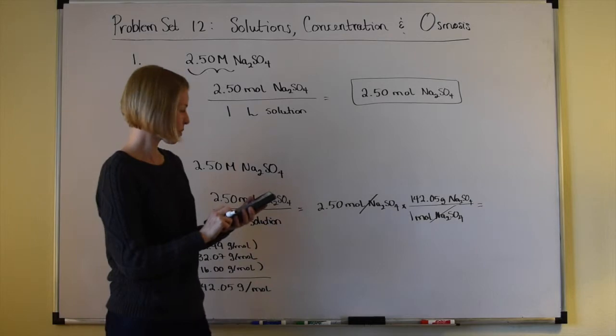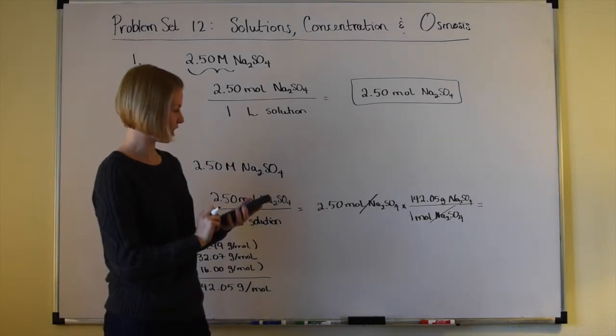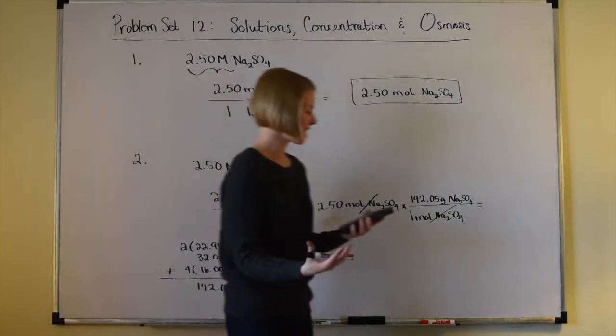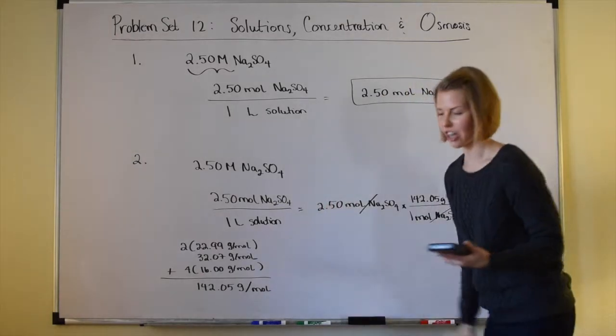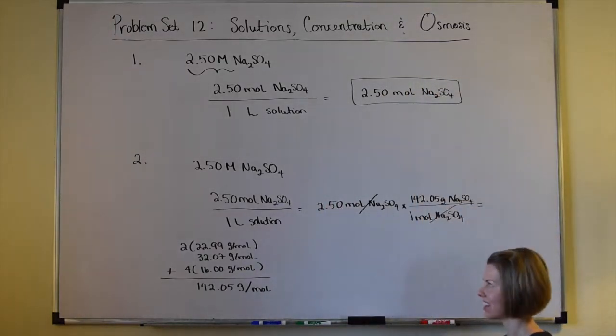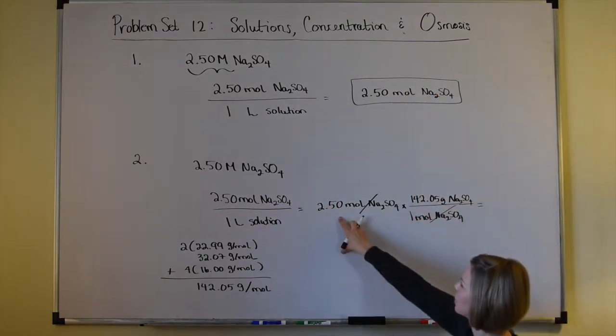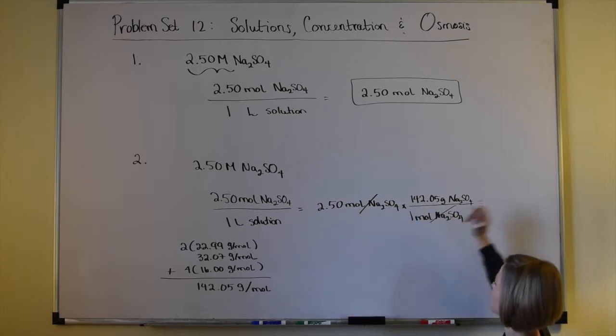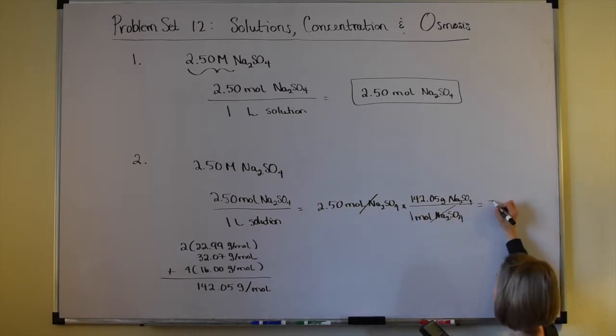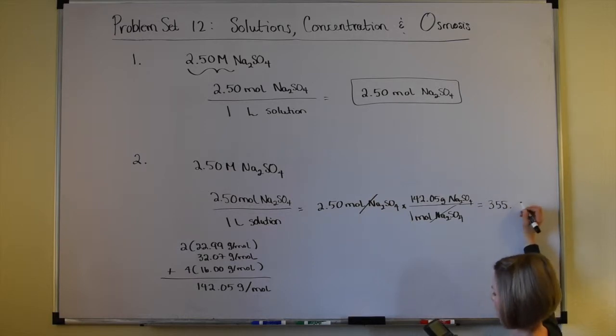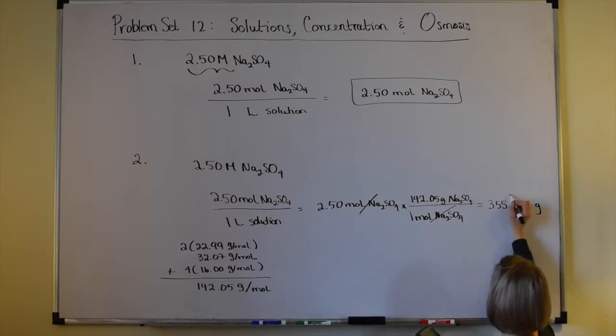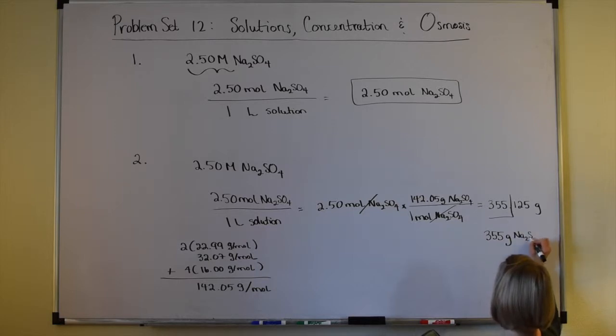Okay, that's probably one of the hardest things about chemistry, is that everything builds. All the topics build on each other, so you really can't forget anything. All right, so I'm doing my 2.50 times 142.05. I get 355.125 grams. I'm going to go ahead and round that off to 355 grams of sodium sulfate.